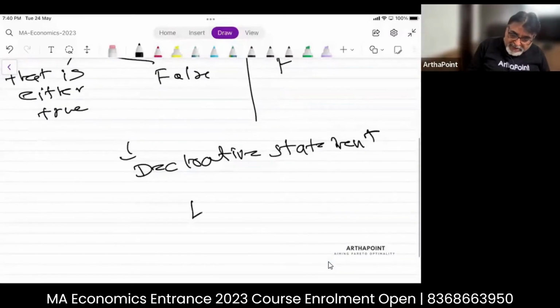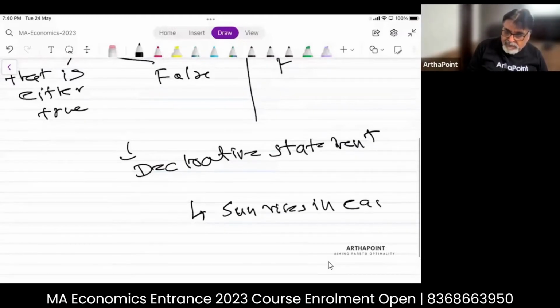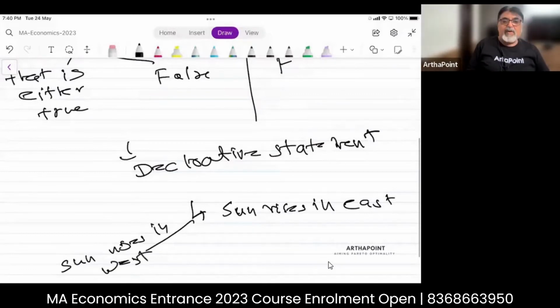If I say sun rises in east, or I can say sun rises in west. What happens now? These are the declarative statements. You have declared something, right?